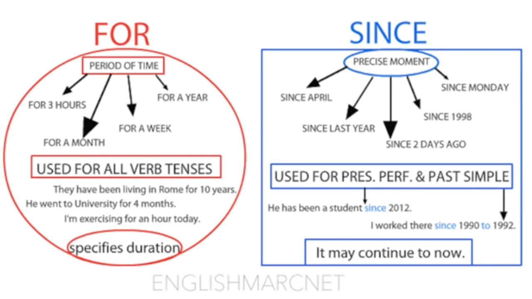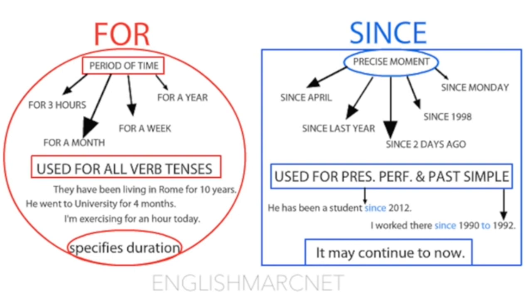Since, instead, on the right side of the graph, we use for precise moments: since April, since last year, since 2 days ago, since 1998, since Monday, and so on.